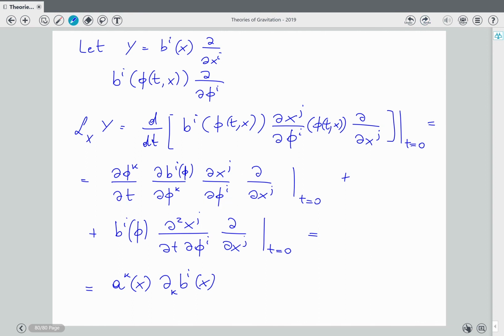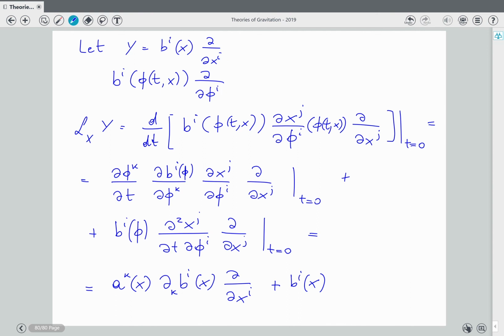That's the identity, and so we have partial x_i. This is the first contribution to the commutator, if you remember. And then we have b_i of x, because when t equals 0, phi goes to x. And then we have this thing here, which we have to work out a little bit.